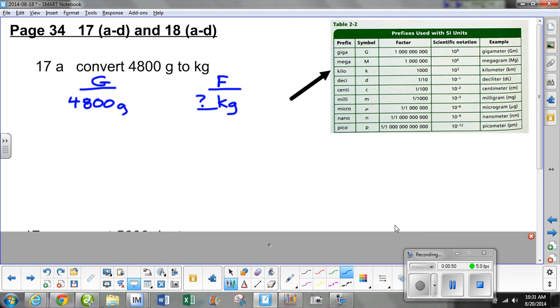So here we go. Let's take our kilogram and we're going to make a factor to do this conversion. I'm going to substitute in 1,000 for kilo.